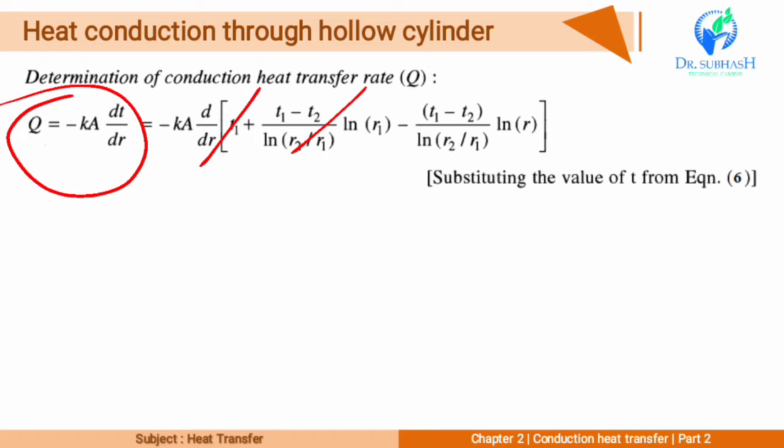For the third term, take the coefficient as constant, and d by dr of ln R is equal to 1 upon R.